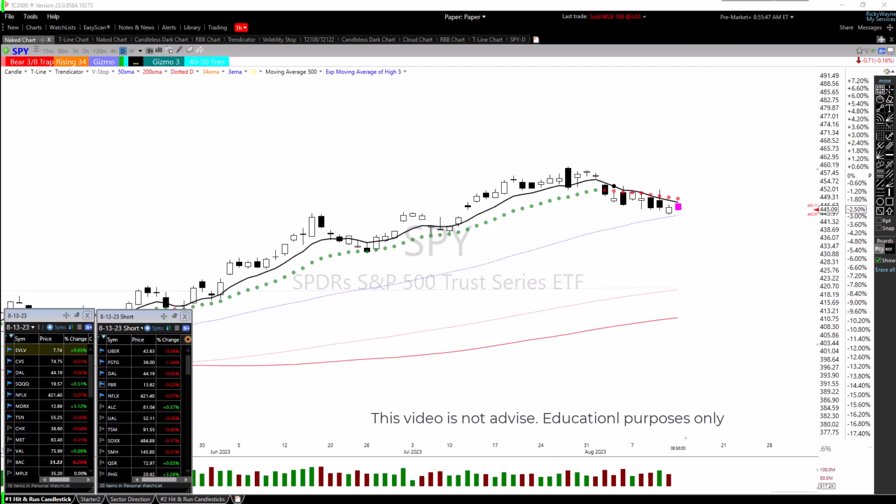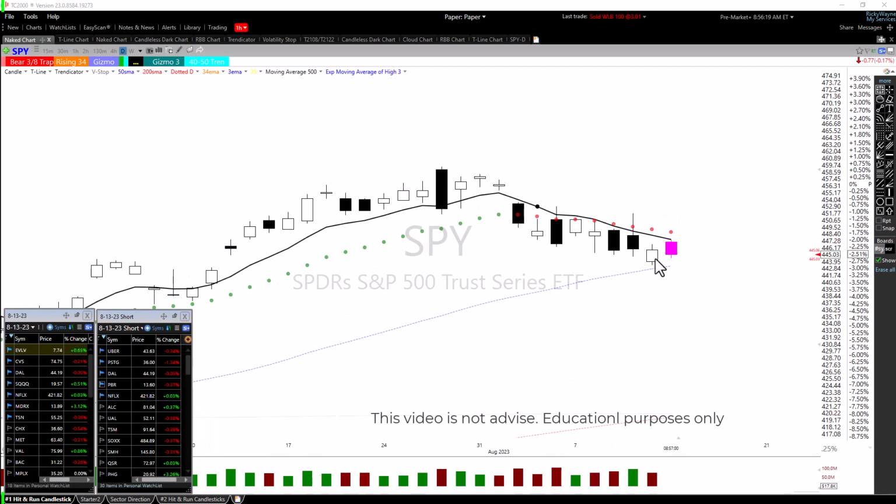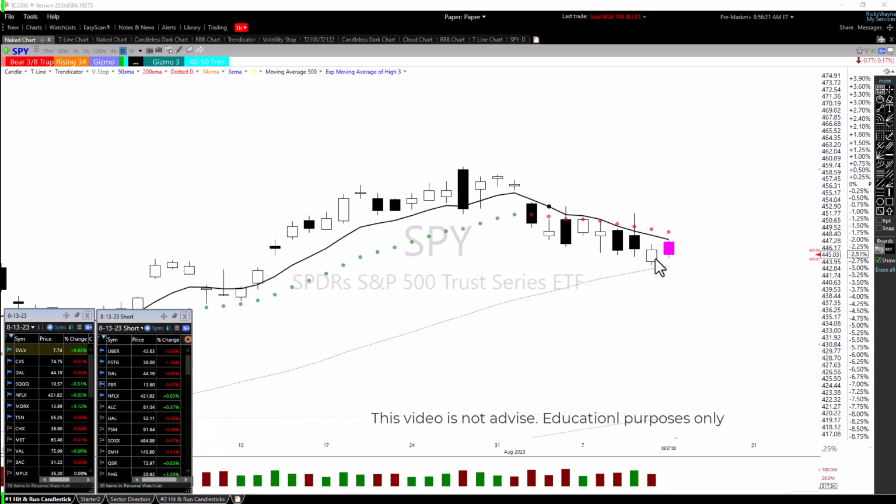So far the market is not doing us any favors. Pre-market, we're just not seeing a great deal of bullishness. Friday, we ended up with a spinning top doji, which is nothing more than a doji, down here at the 50 period moving average, but overall we're still down.